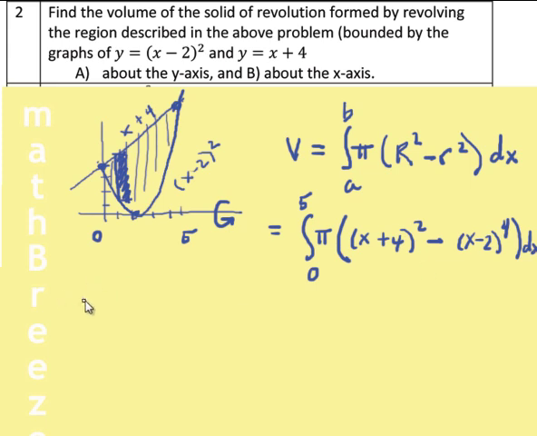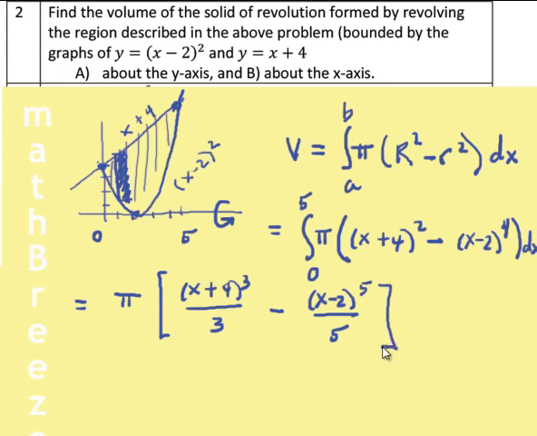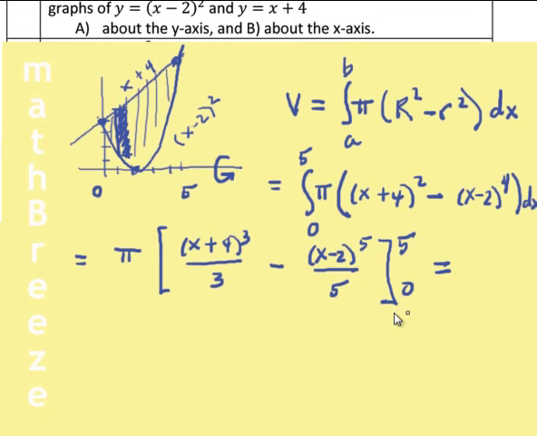All right, let's integrate this. And we have x plus 4 cubed over 3 minus x minus 2 to the 5th over 5. And we're substituting in and evaluating between 0 and 5. So first substitute in 5.